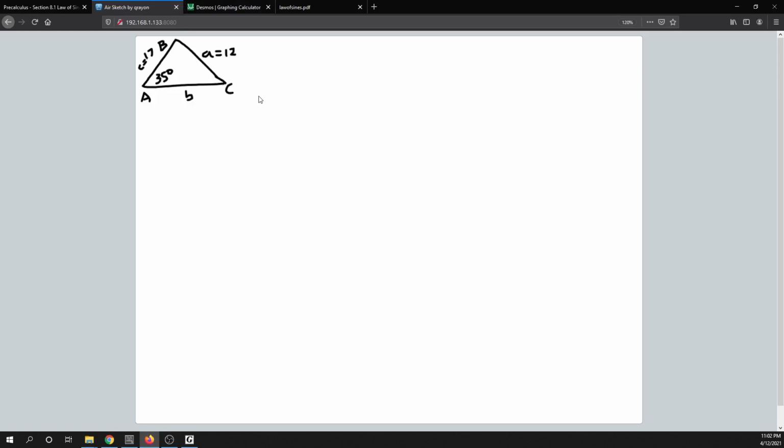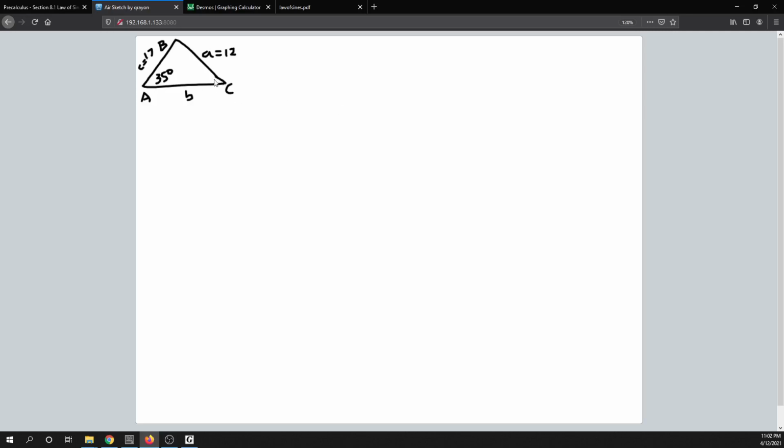Okay, so that's what the picture looks like, and from there we can see we're given two sides and an angle, and we're given sides A and C, and we can see that angle B is not given. That would be the included angle, the angle in between those sides, and so we're definitely in the side-side-angle case here.